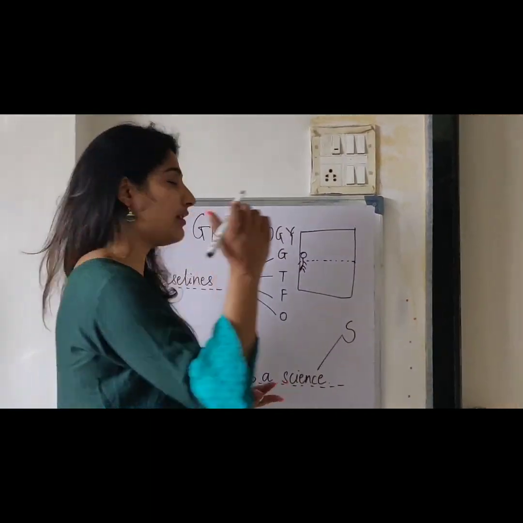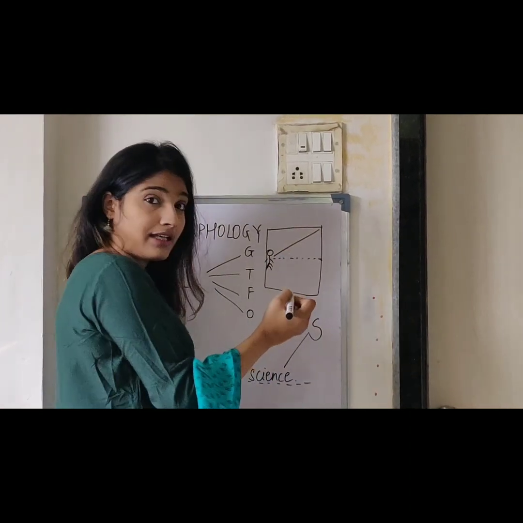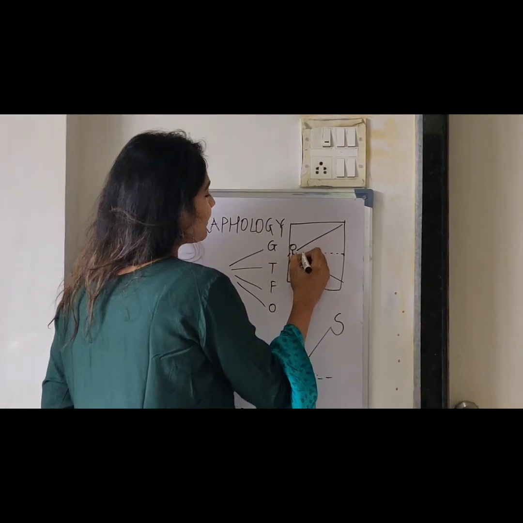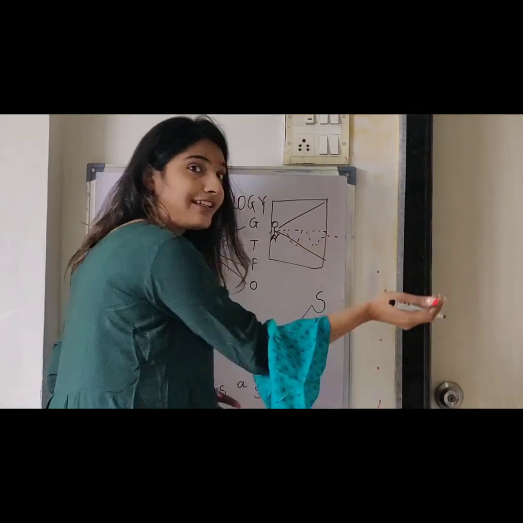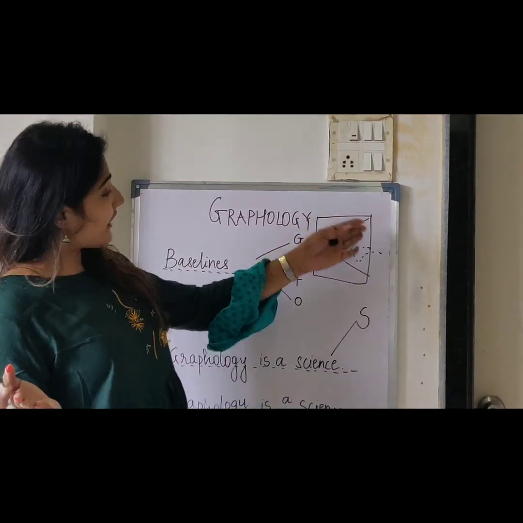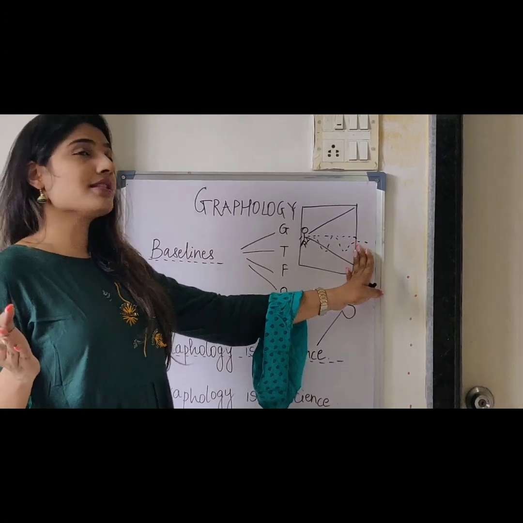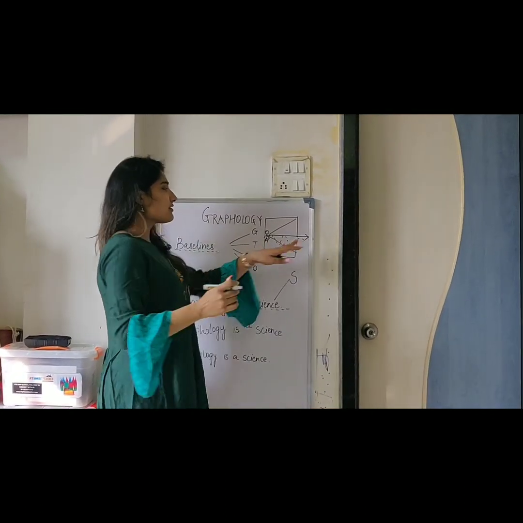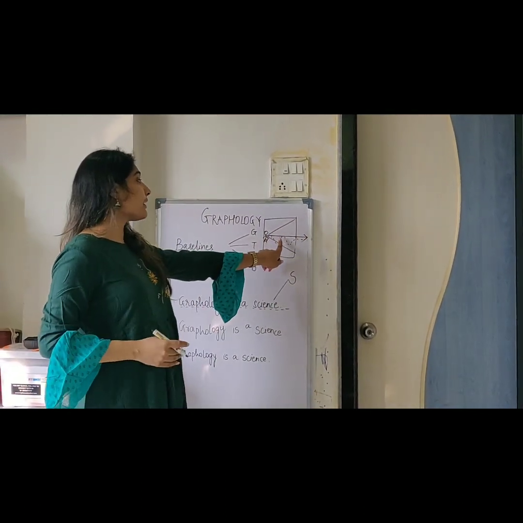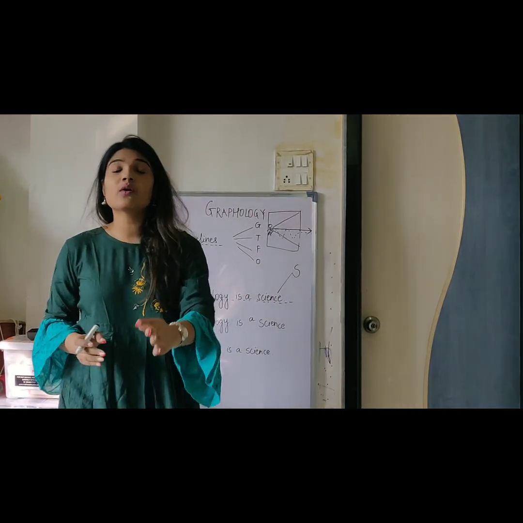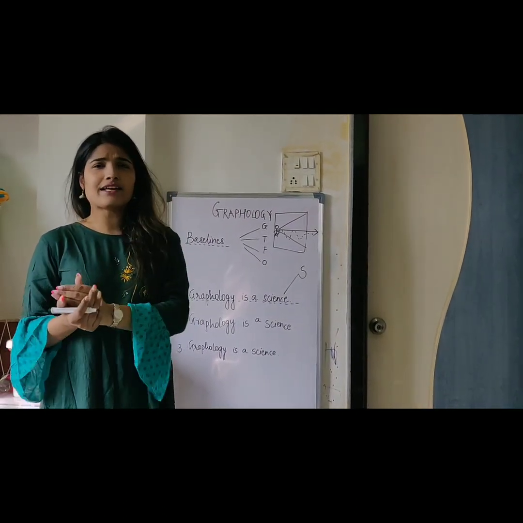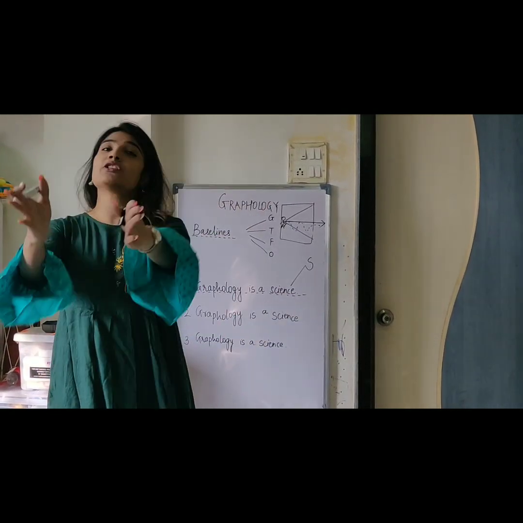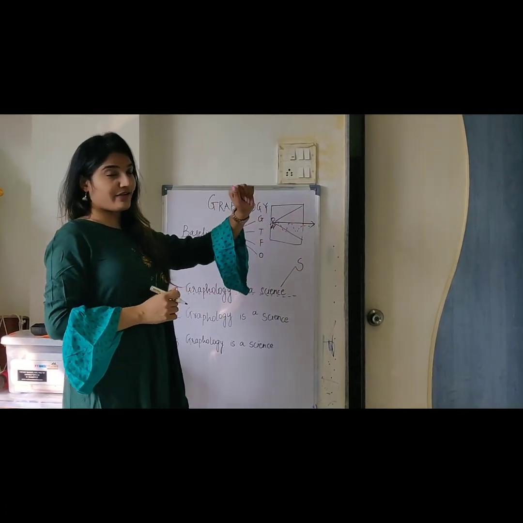Now, there are people who would love to go like this, or like this, or who would love to go, okay, finally I reached, yes. So there are a lot of ways in which you can reach this line, but the simplest, quickest way is the straight one. So now you can understand that a person with a straight baseline reaches their goals very quickly, has a lot of clarity of thoughts, knows exactly where to go, and doesn't wander here and there to reach the end. So that's the straight baseline for you.